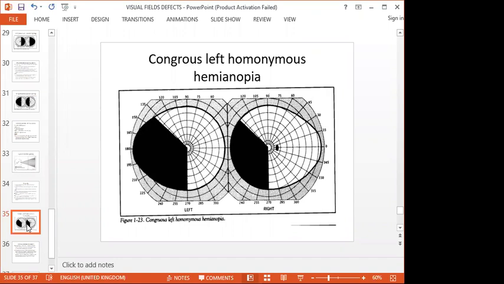Congruous. Left homonymous, because they are both left-sided. If you had a right homonymous, they would be on the right side in both. But the congruity is that the shape is exactly the same, to the same extent.